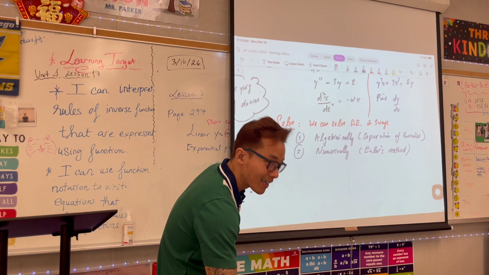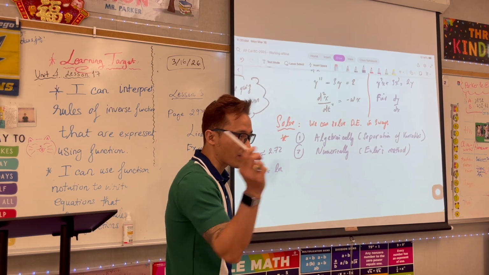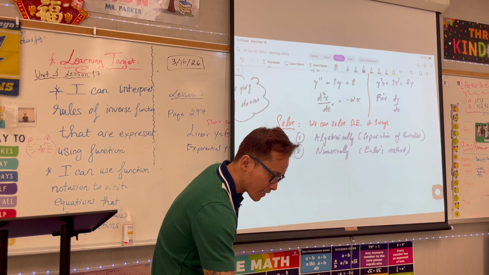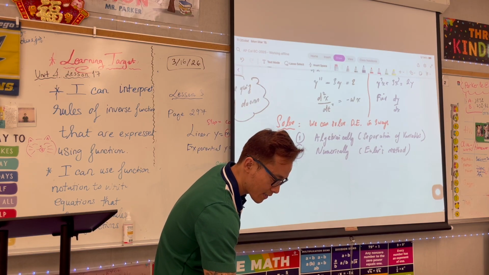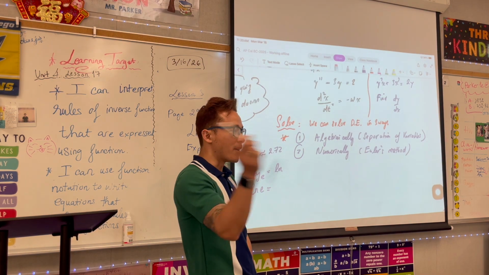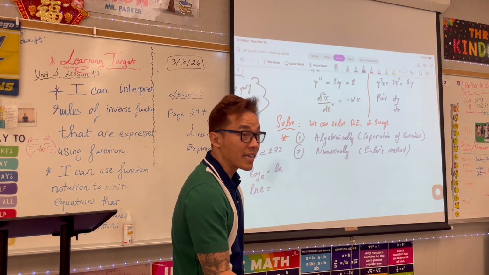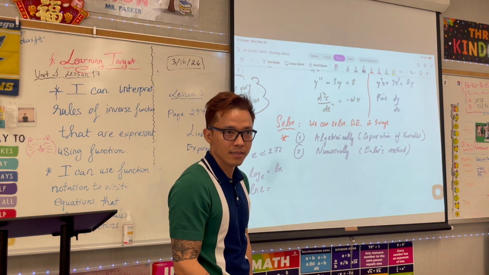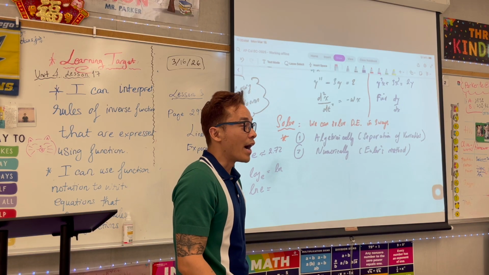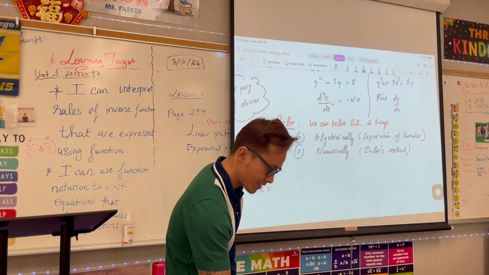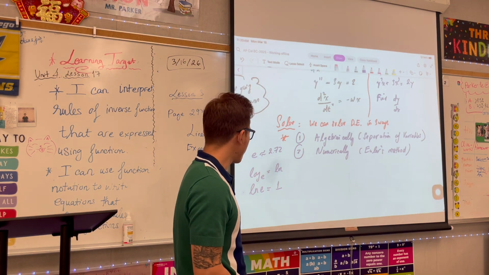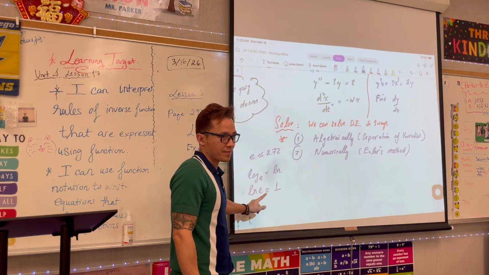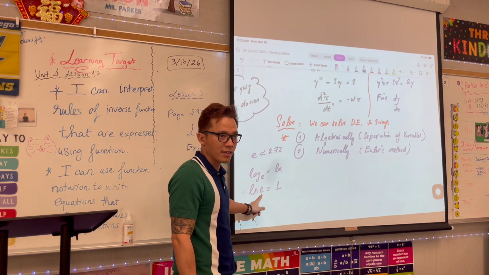Mister, I've been saying that. I know, but I just heard one person. I want everybody to say it. And then ln E is... ln E is 1. I only checked, only one person.